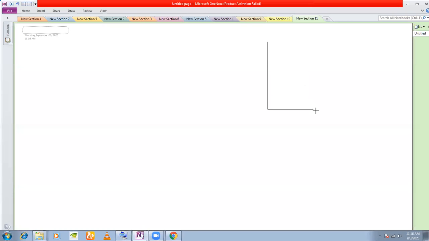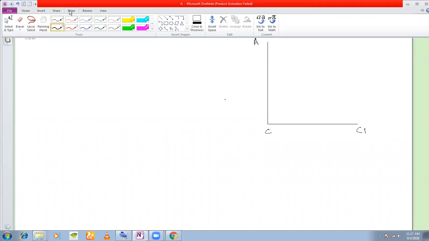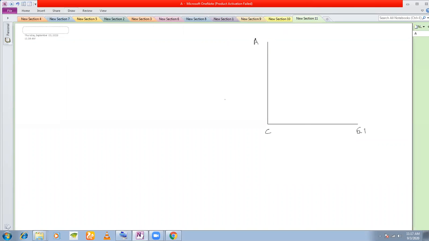Let us say these two are the perpendicular lines. So you have AC perpendicular to CB. So this angle is your 90 degrees.